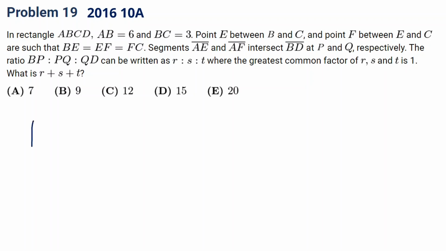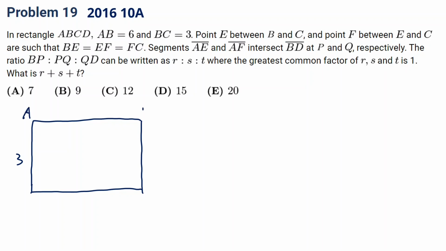We have rectangle ABCD, and AB is 6, BC is 3, so this is 3, BC, so A, B, C, D, this is 6. Point E in between B and C, such that BE equal to EF, so BE equal to E. So this is 1, 1, 1.